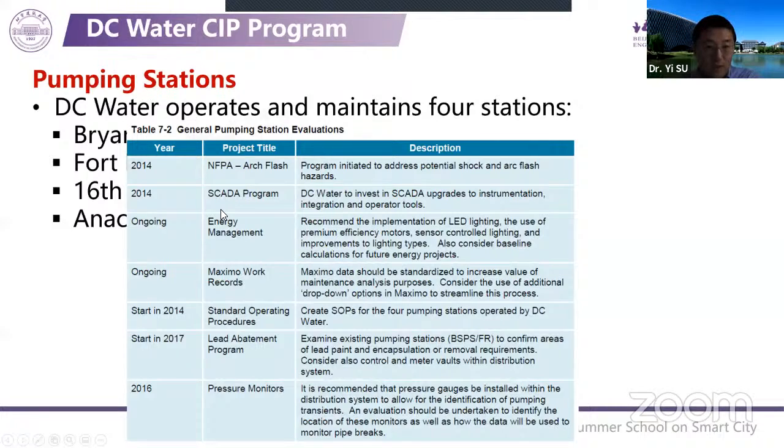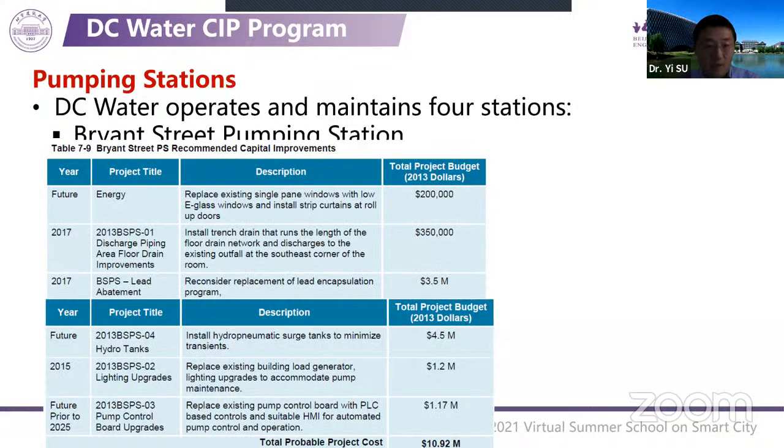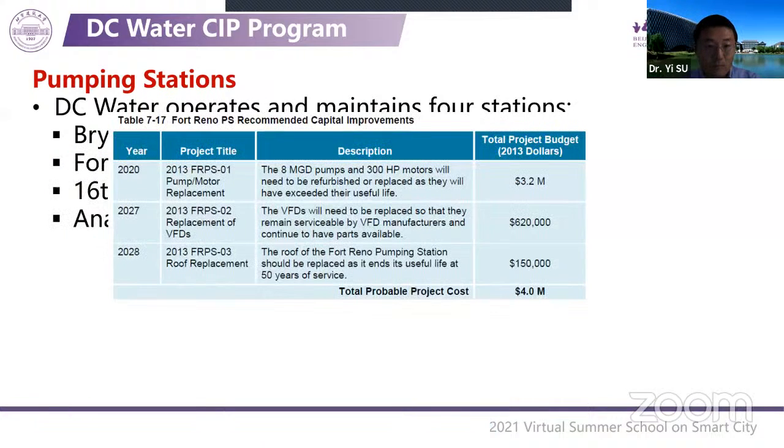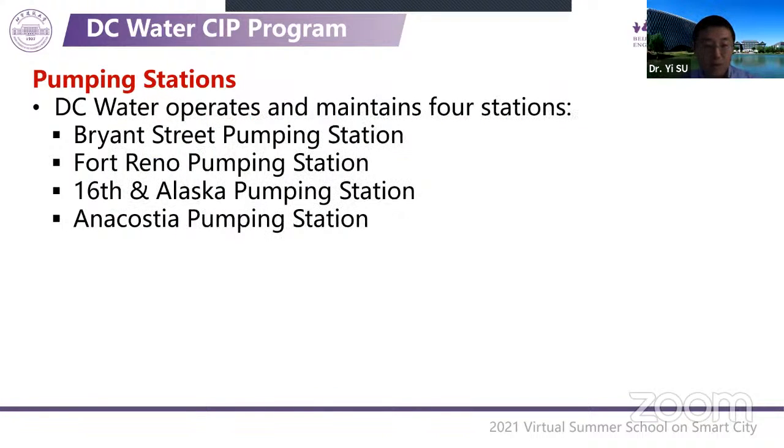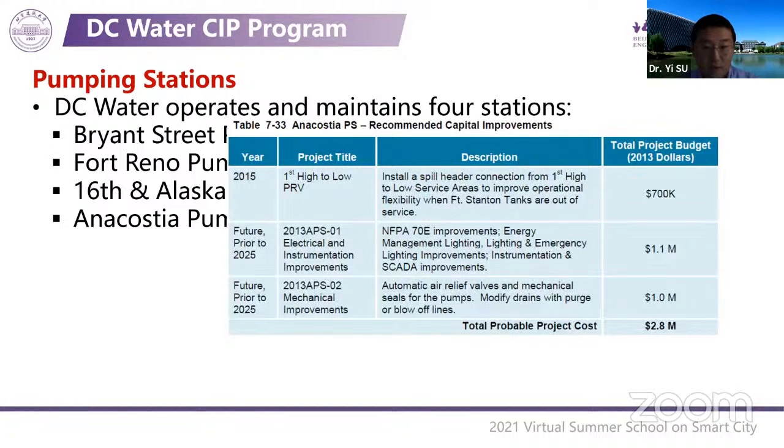Do we need to upgrade them or maintain them? And how much money is needed for those pumping stations? So those are the projects related to those stations.